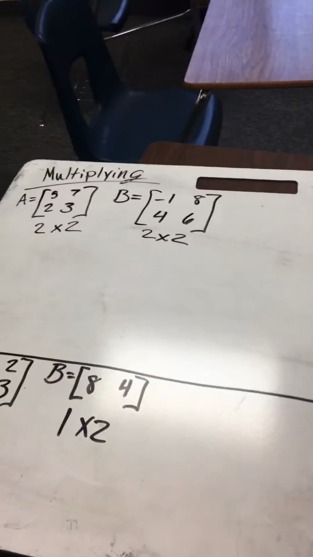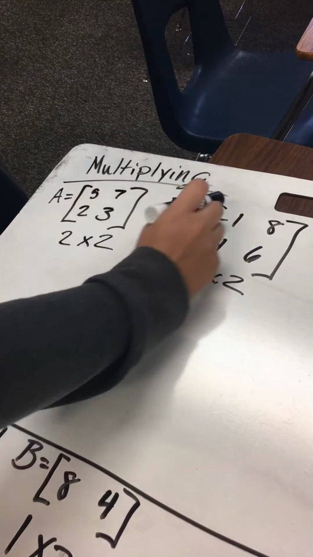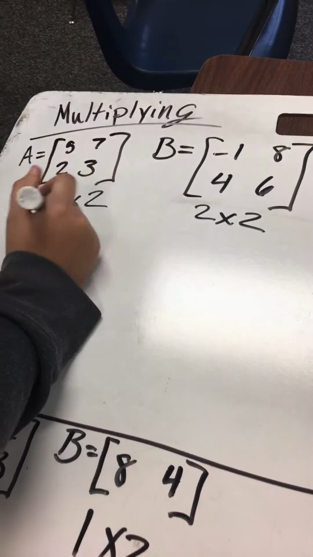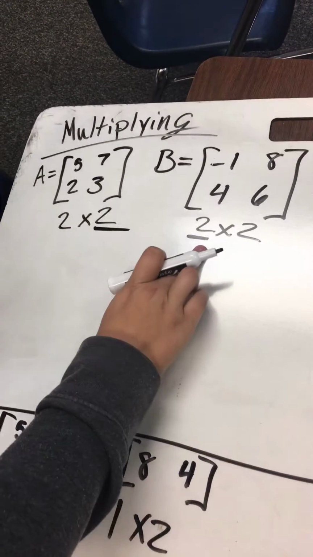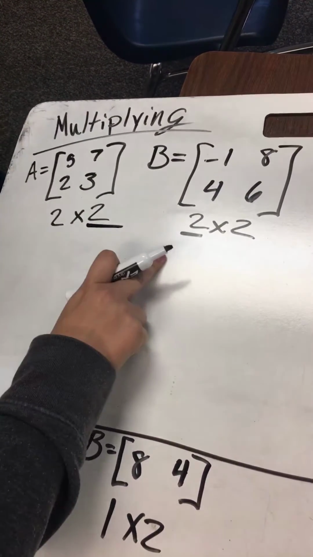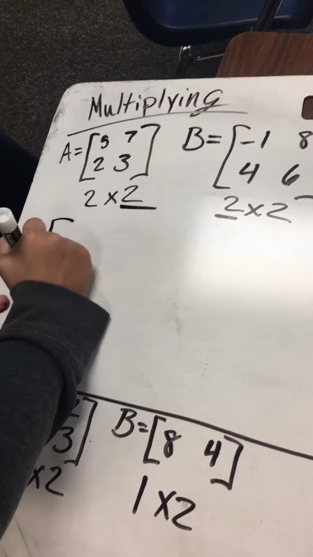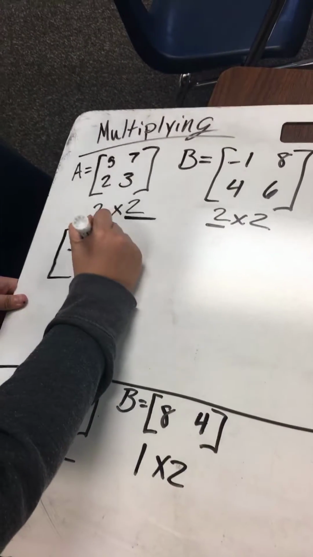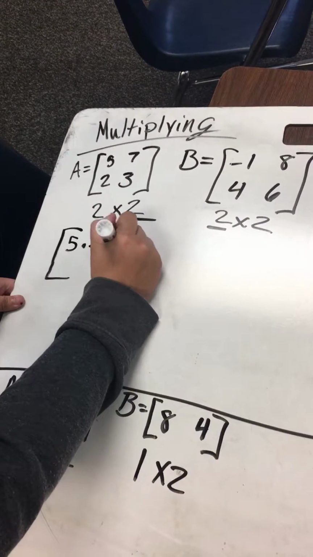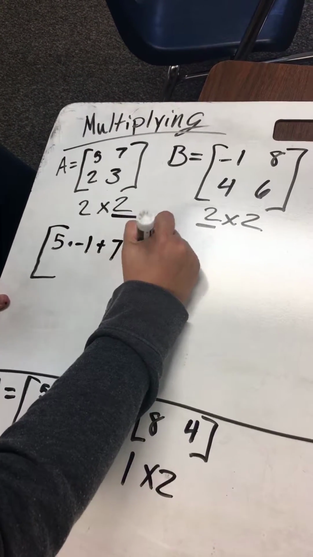So what you do to start multiplying is multiply rows by columns. First check the dimensions, so 2 by 2, so the B's are the same. So we can multiply. I would make a whole other matrix and do 5 times -1 plus 7 times 4.